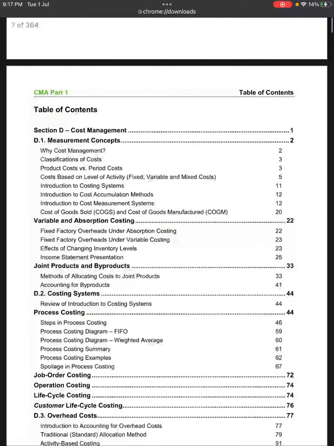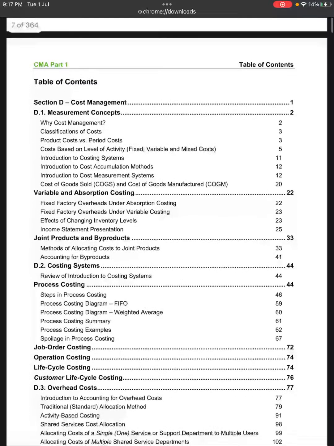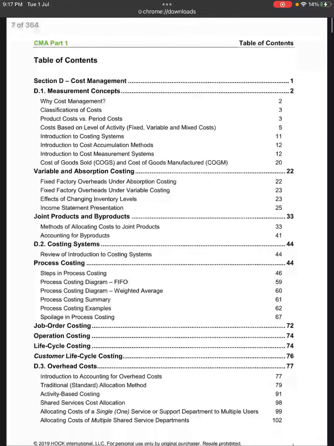And activity based cost, we discussed semi-fixed cost, semi-variable, variable, right? Fixed cost we discussed. Now we will discuss the absorption costing and variable costing. Okay.